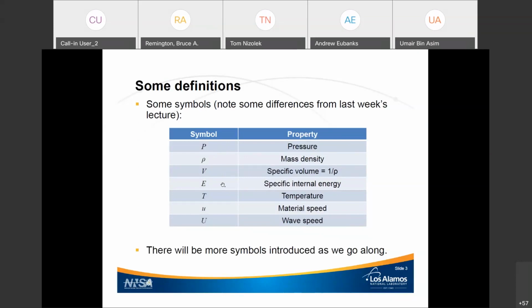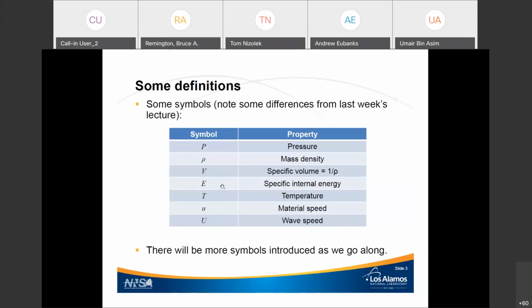If you were listening in on the discussion of the problems on Thursday, I pointed out that many people use E for Young's modulus. I specifically avoided that because I knew I was going to be using E for internal energy. And again, it's a specific quantity. So when I talk about internal energy, I will always be talking about internal energy per unit of mass.